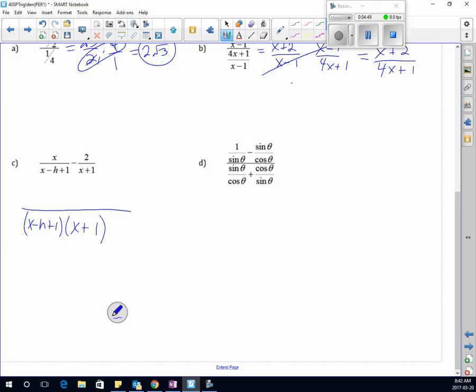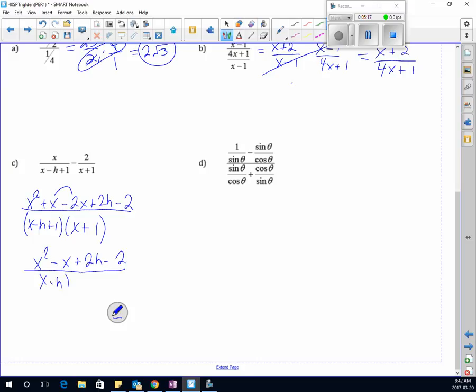So that means this one is going to be x squared plus x. And then this is going to be minus 2 times that. So it's going to be minus 2x plus 2h minus 2. Yes? And then we have to combine these two. So my final answer would be x squared minus x plus 2h minus 2 all over x minus h.